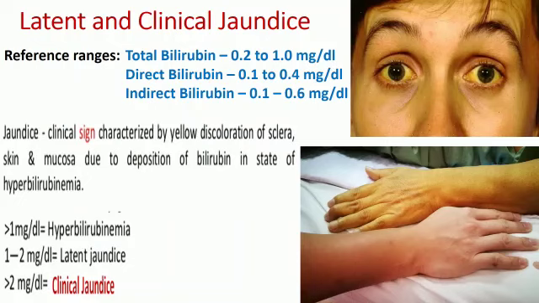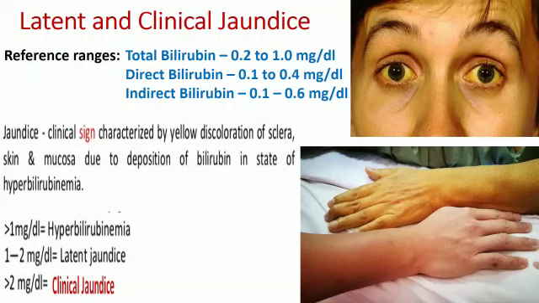So let us start with latent jaundice. The normal range of total bilirubin is 0.2 to 1 milligram per deciliter. Whenever it is more than 1 milligram per deciliter, it is hyperbilirubinemia. When it is between 1 and 2 milligrams per deciliter, it is latent jaundice.